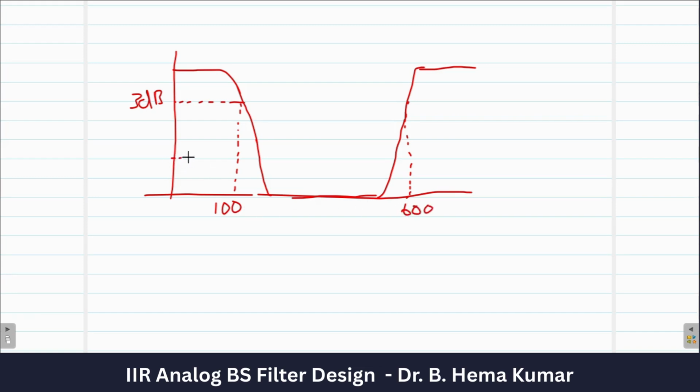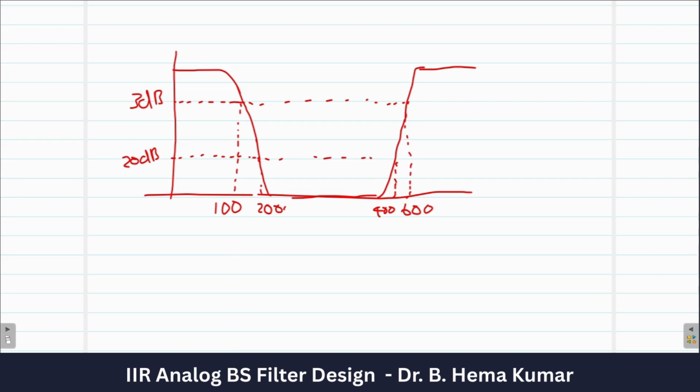Second, it has a stop band attenuation of 20 decibels at 200 and 400 Hz. These specifications are given in your question. I'm just drawing it as a figure so you can visualize how our band stop filter should be.